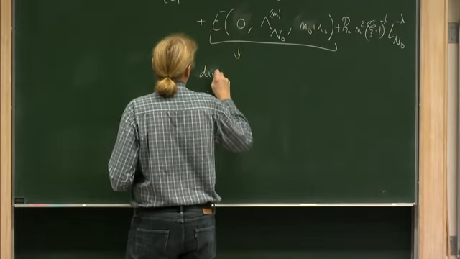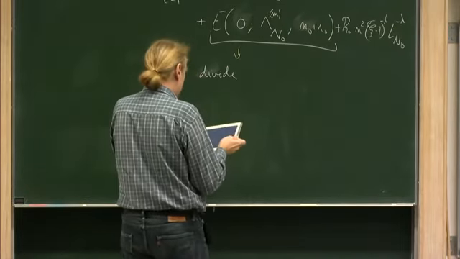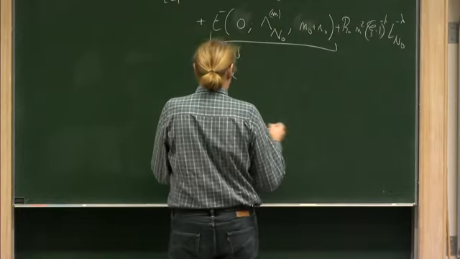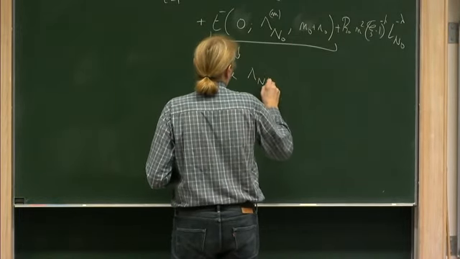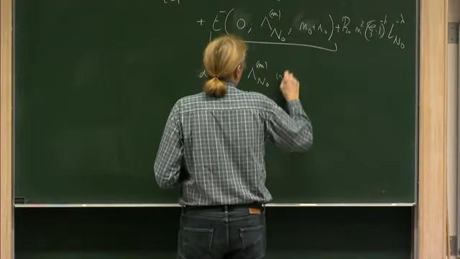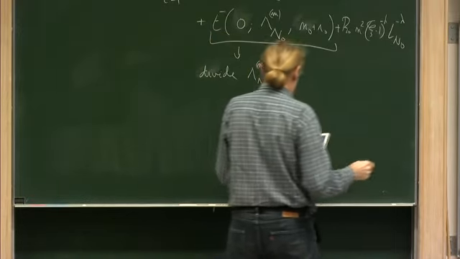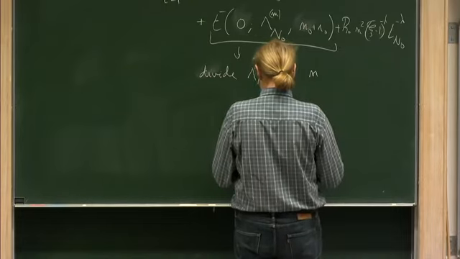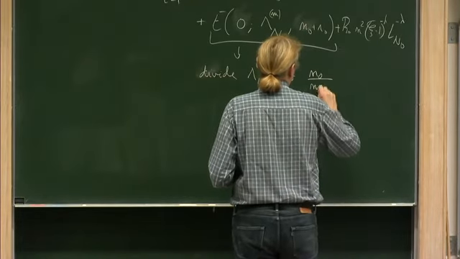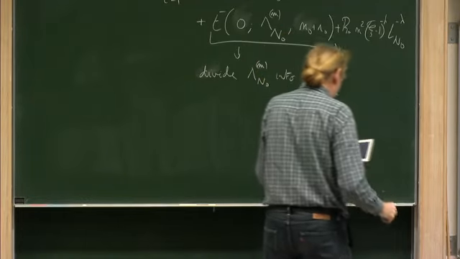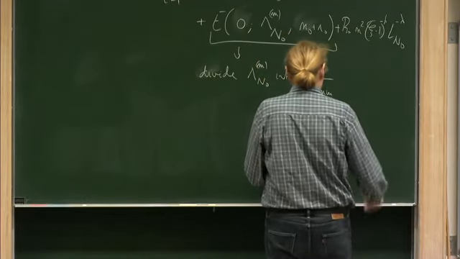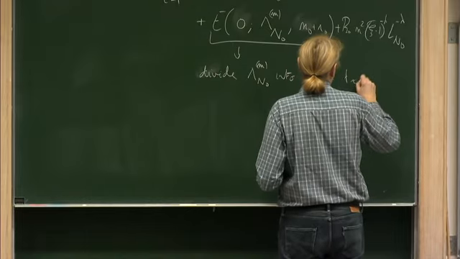You're just going to use a rough bound actually. You're going to divide lambda n0 m into cubes of size n0 divided by n min. So remember, n0 goes to infinity, n min is fixed.